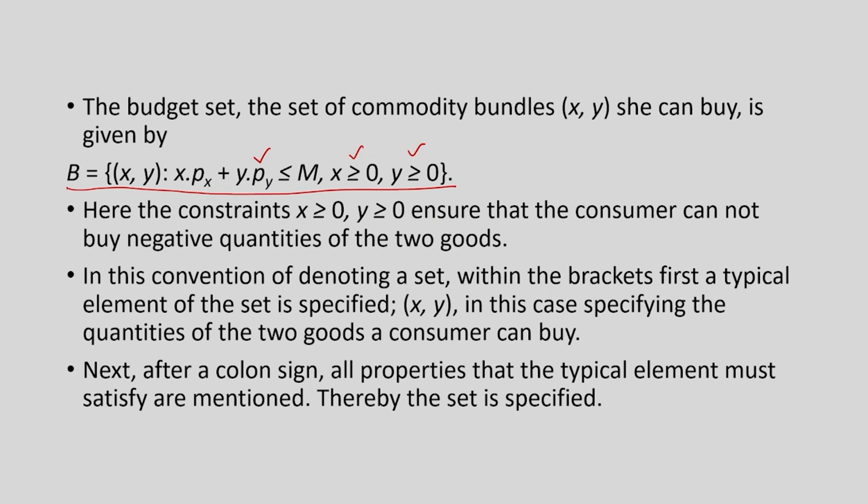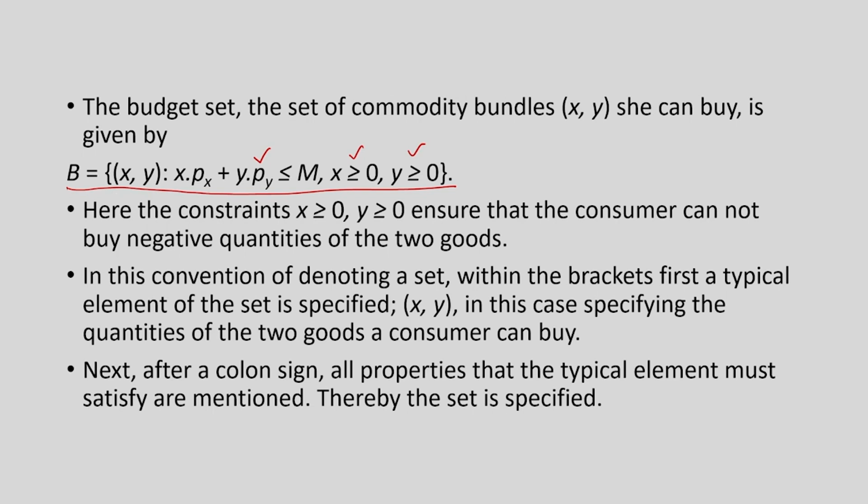And this makes perfect sense, because it is absurd that you buy negative of certain goods. So, that has to come with the budget constraint, and now you have three conditions and you put them together and you get the budget set.